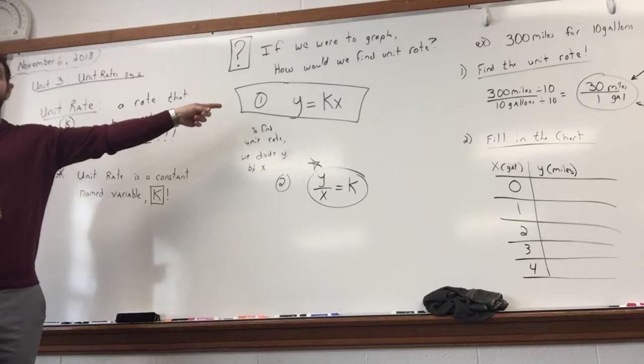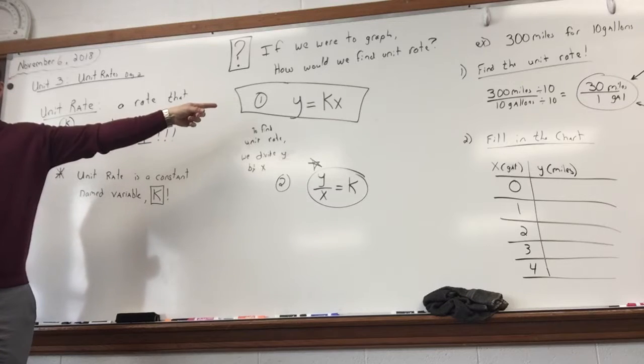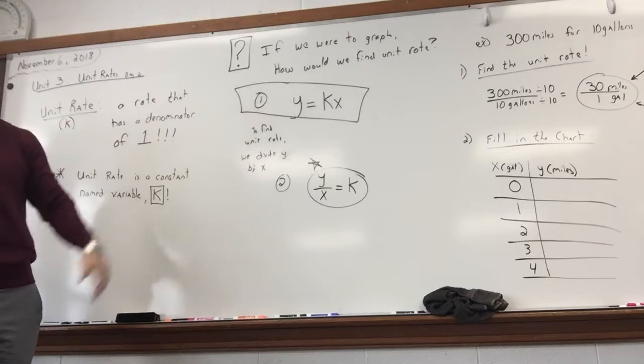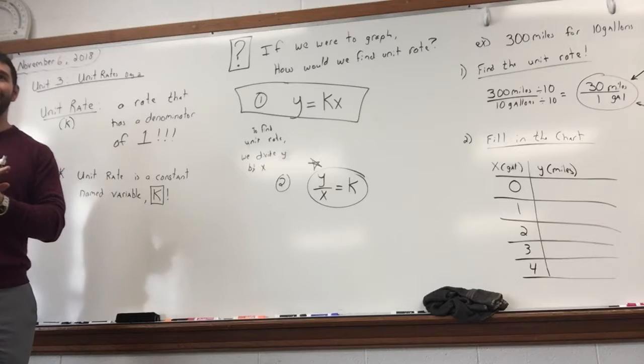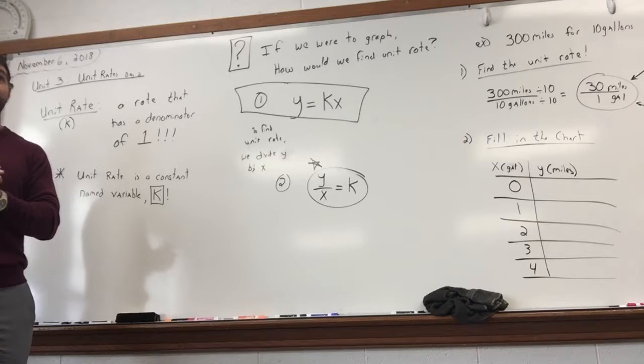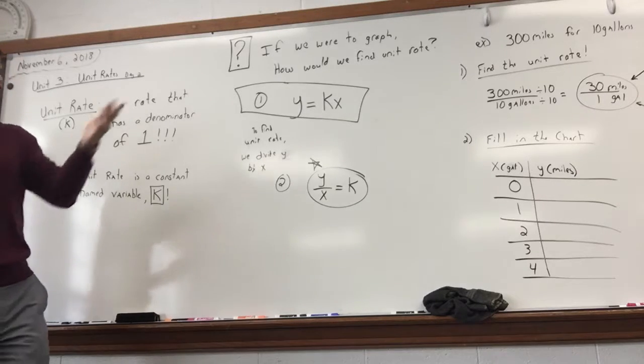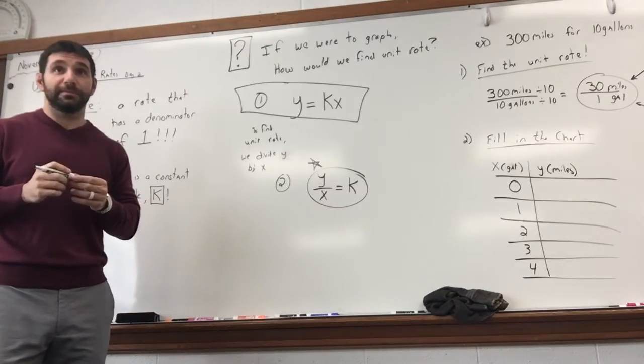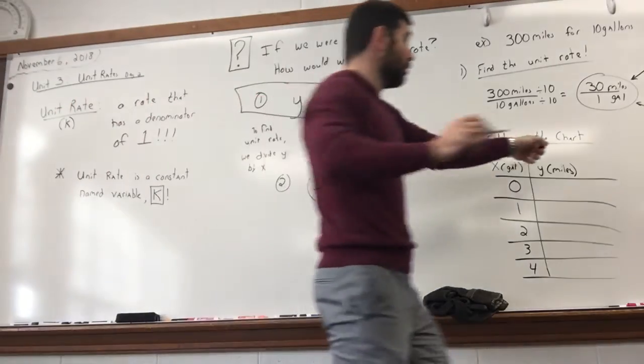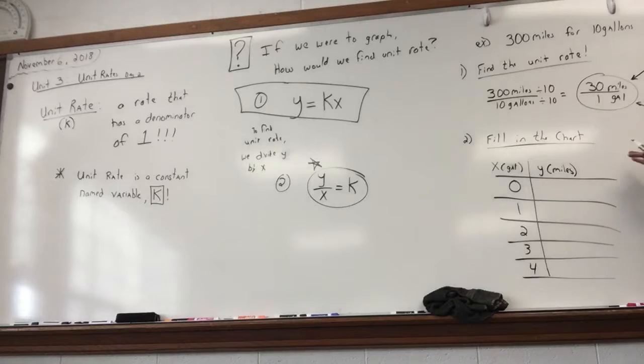What's the equation always? Y equals kx. What was my k? What did we just find? The unit rate. What's my unit rate? K. So I'm going to set up an equation to fill in this chart. I'm going to say y equals, what's my k?